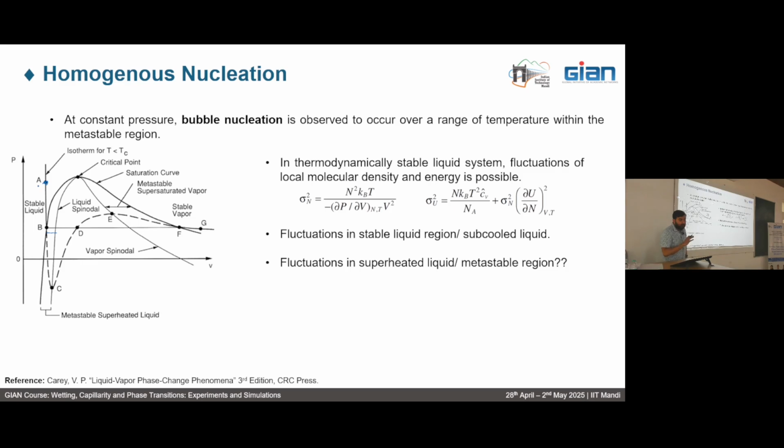But if any fluctuations occur somewhere close to point C, that might lead to the phase change. Sometimes these fluctuations are so strong that they reduce the density of water in such a way that it is almost comparable to that of vapor. That is known as heterophase fluctuations.